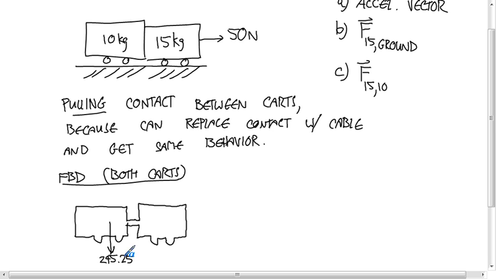And going around the boundary, we know that there's this 50 Newton force acting here. And where else is there contact from the outside world at the boundary of the chosen body? At the wheels, yep. And so I'm going to represent this as N total. This is the normal force of both of these two carts together.